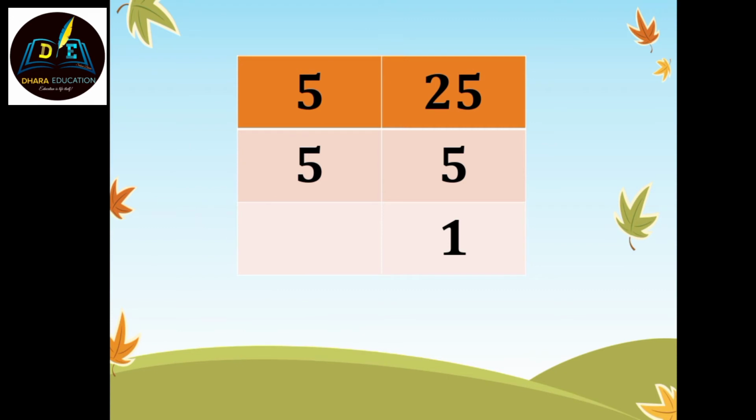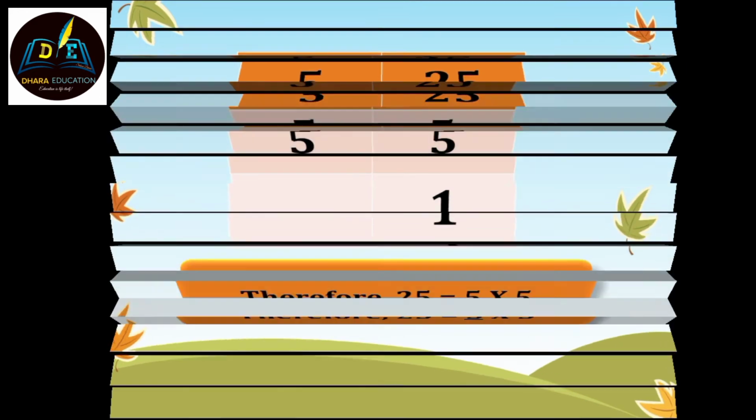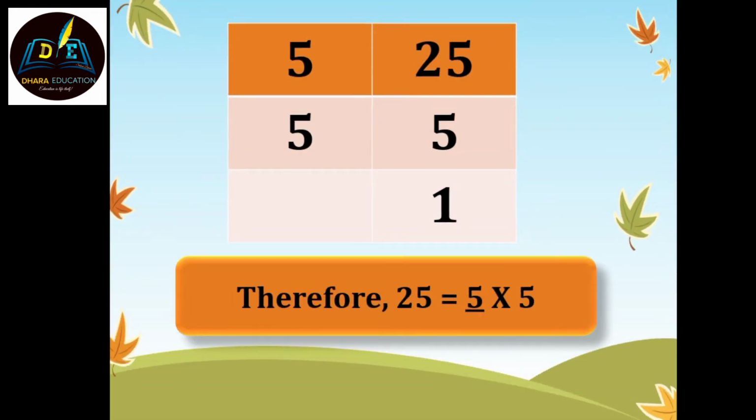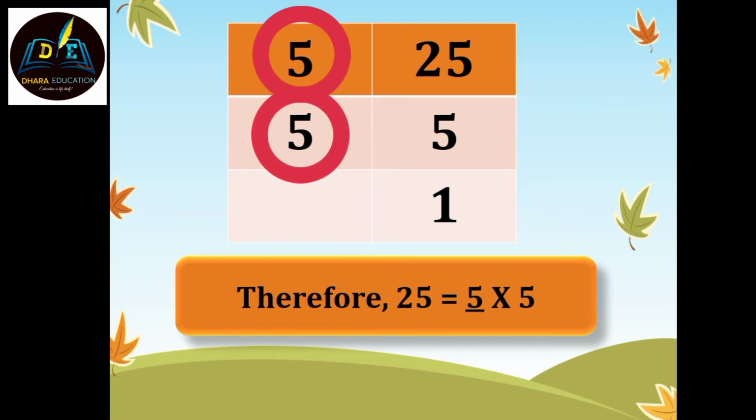So this is the method that you need to understand. Later on we need to write therefore 25 is equal to 5 5s, meaning we take the left hand side numbers, 5 multiplied by 5, we get 25.